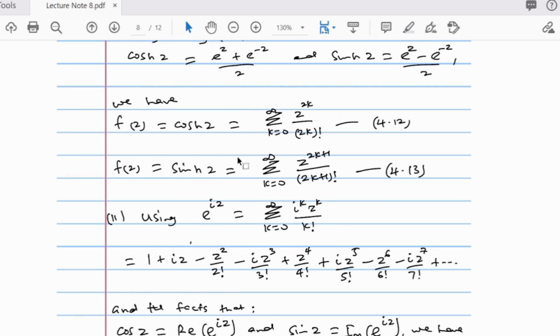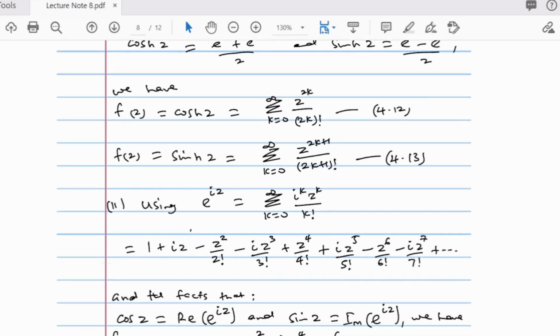So if you want to compute cosh(2z minus 1), you only replace your z with 2z minus 1 here. To compute sinh(2z minus 1), you replace your z with 2z minus 1 in 4.13 and 4.12, and then you're going to have this.